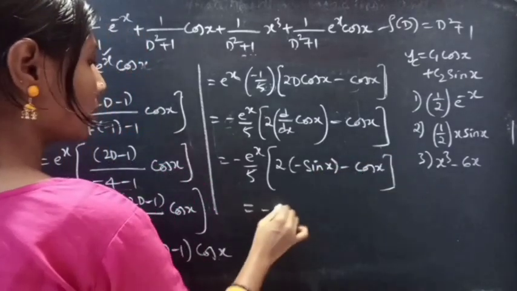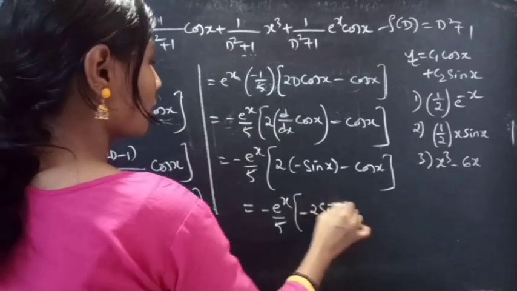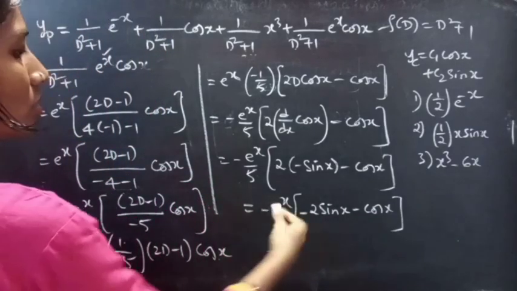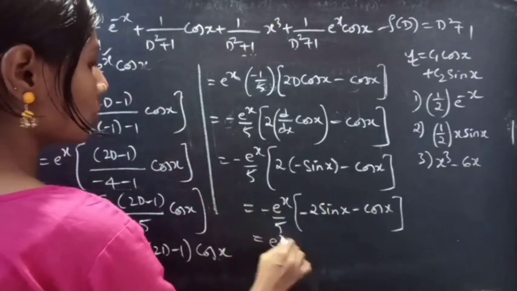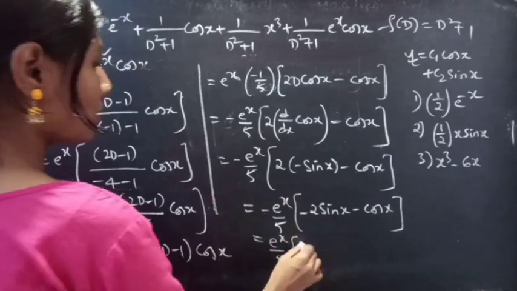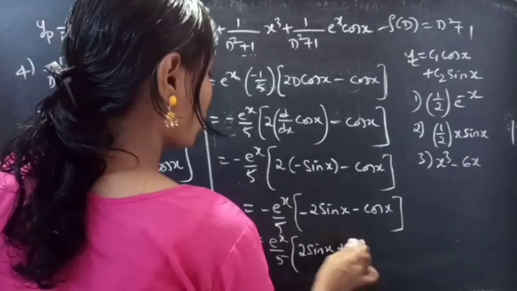This is equals to minus e power x by 5 into minus 2 sin x minus cos x. Now take this minus inside the brackets. We'll get e power x by 5 into minus into minus is plus 2 sin x, again minus into minus plus cos x.